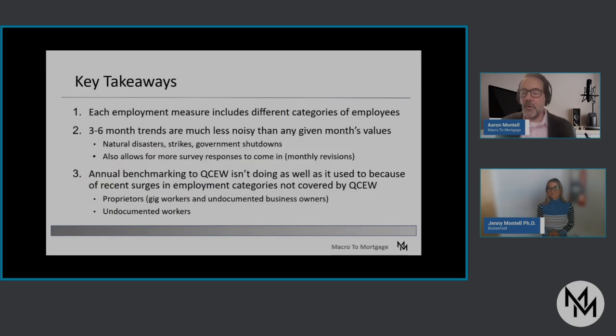Yeah, well said. So the key takeaways, there's three. First, each employment measure includes different categories of employees. So comparing these reports to one another is not really an apples to apples comparison, right?